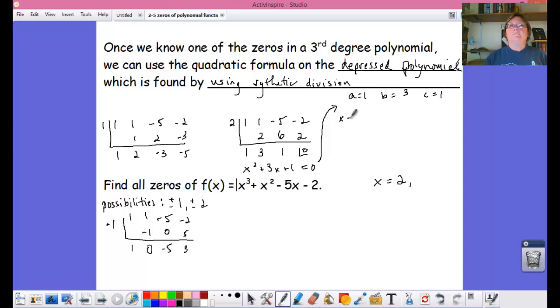X will be opposite of B, negative 3 over twice A, plus or minus the square root of b squared, that's 9, minus 4 times a times c, those are both 1, all over twice a.